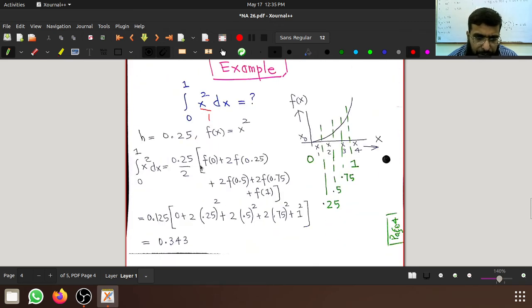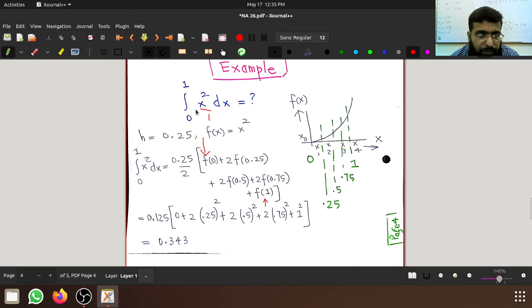So the first term isn't multiplied by 2, the last term is also not multiplied by 2, but all the intermediate terms, the middle terms, are multiplied by 2. So this is very important. You must remember this: the first and the last term are multiplied by 1, not by 2.